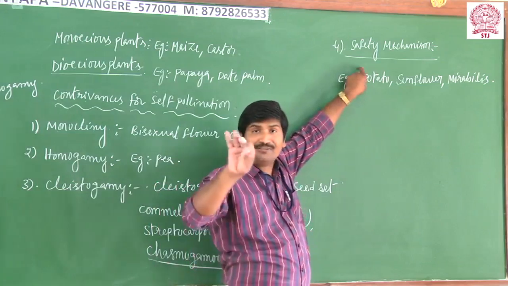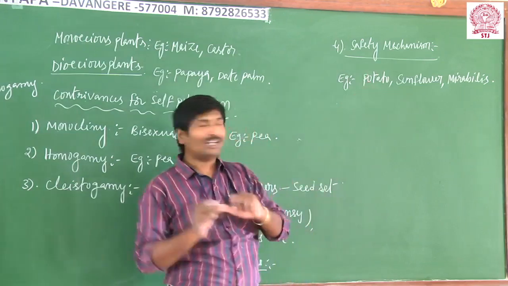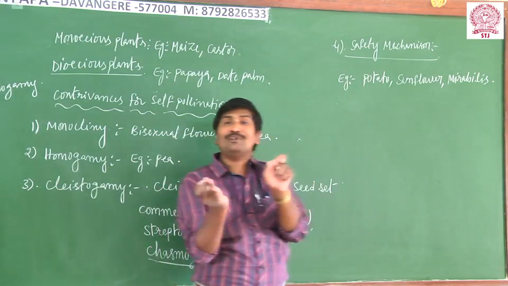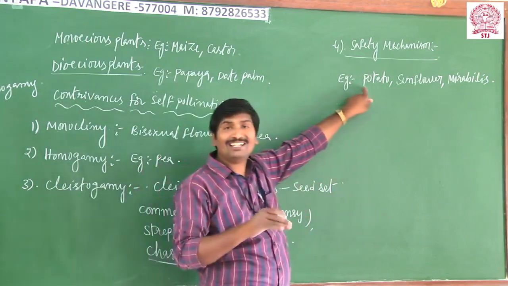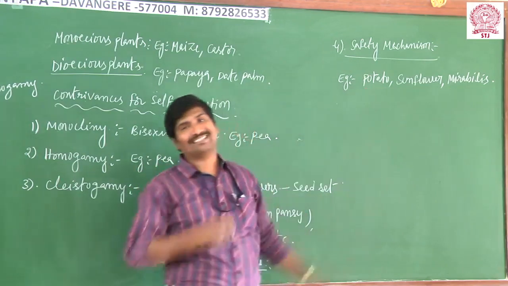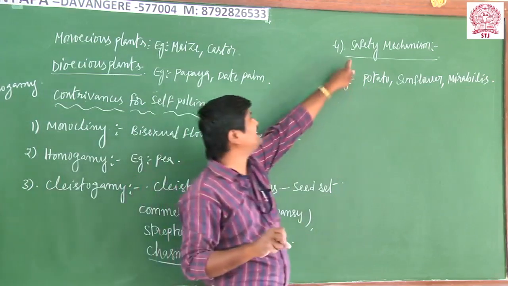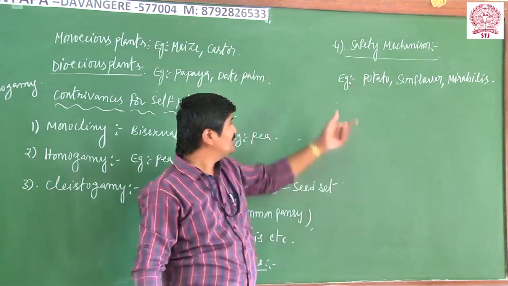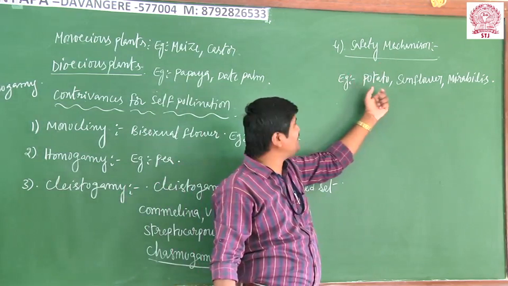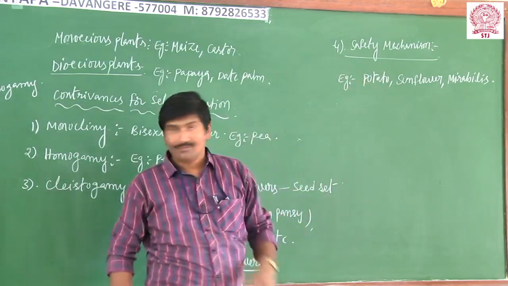The fail-safe device in a potato, what happens? The stigmatic lobe bends on receiving the pollen grains from the anther. That is known as the safety mechanism. So these are the best examples for the safety mechanism.